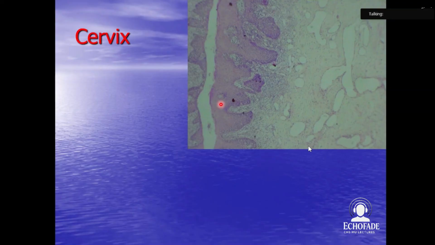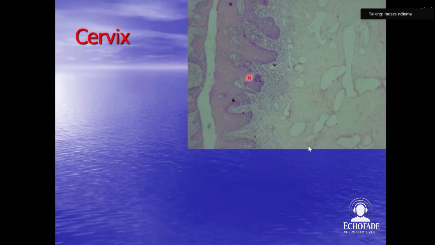The stratified squamous non-keratinized epithelia does not contain the stratum corneum like what you have in the skin. The squamous cells contain glycogen in their cytoplasm.